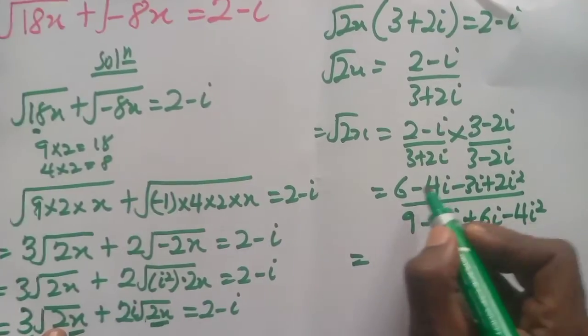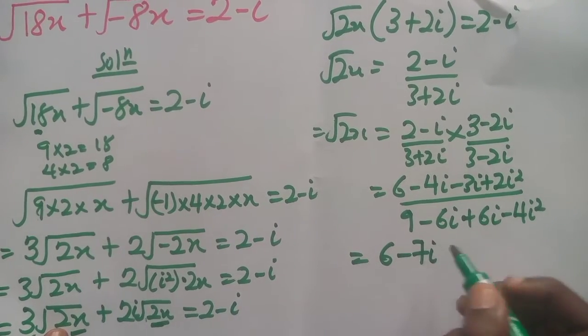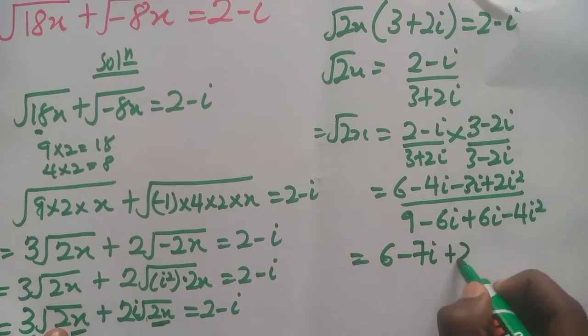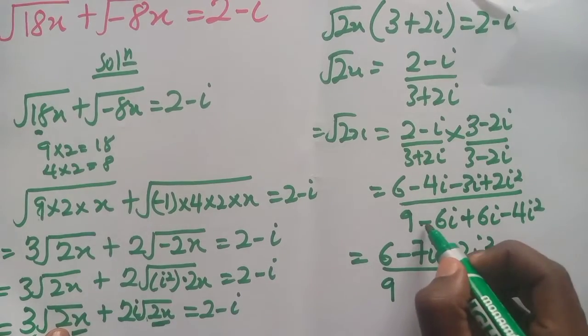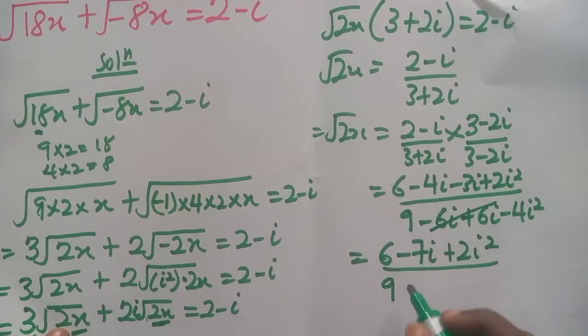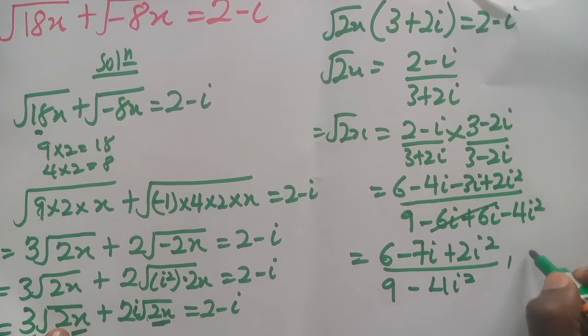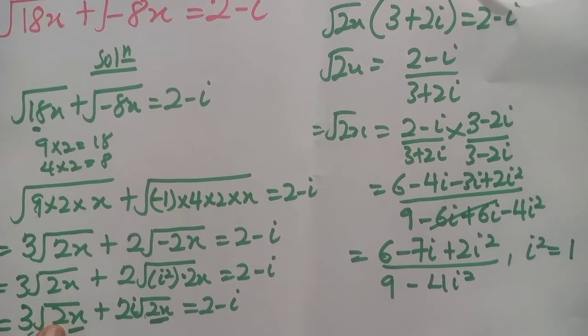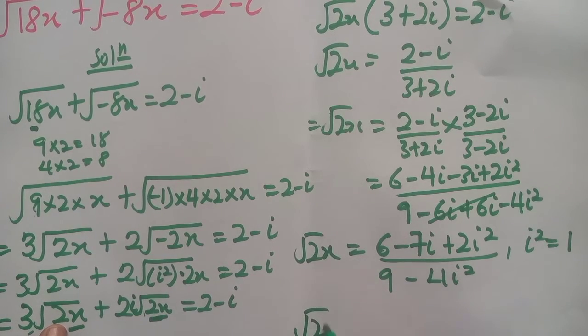From here we group like terms, and we have 6 minus 7i plus 2i squared divided by 9. Remember, minus 6i and plus 6i go away, and we are just left with minus 4i squared. But remember that i squared is equal to minus 1, and we still have root 2x here.